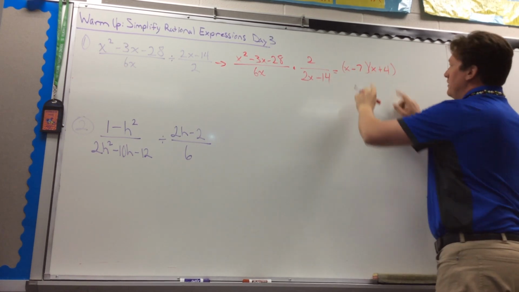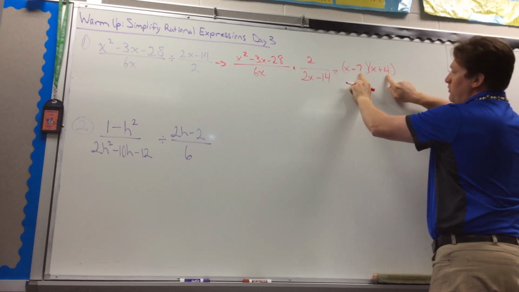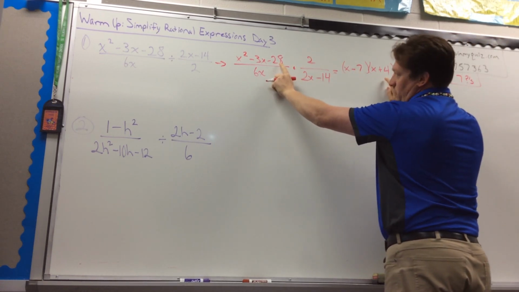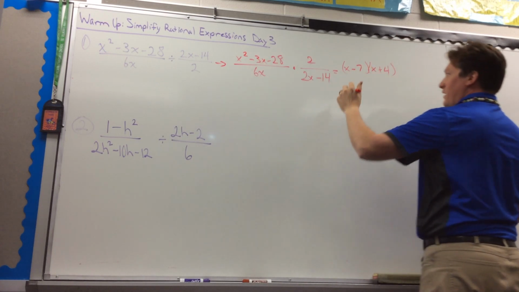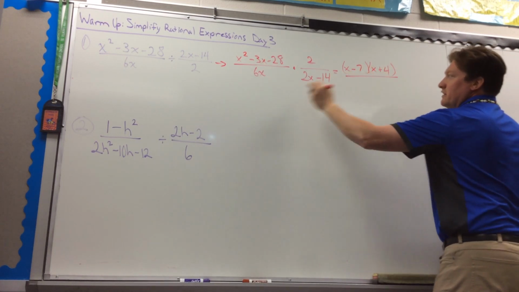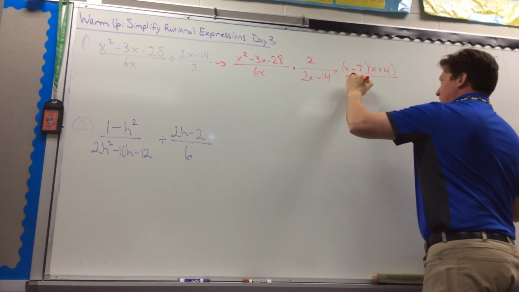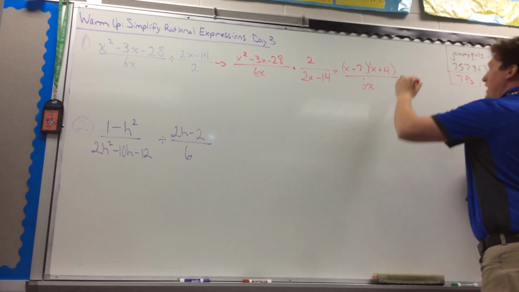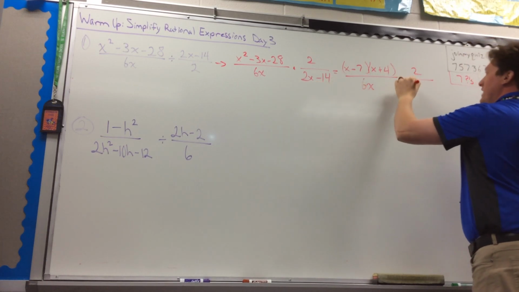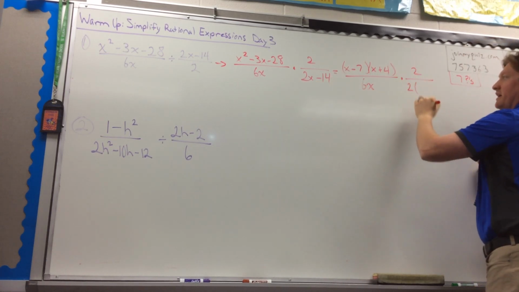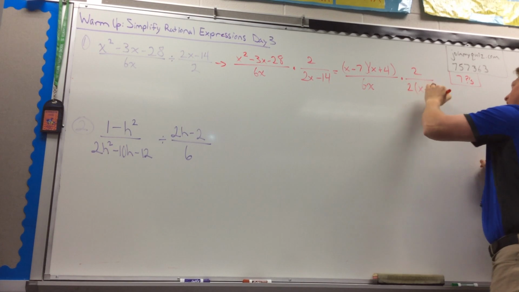I know I've done it right: negative 7, positive 4 multiplied together give me negative 28, and negative 7 plus 4 gives me negative 3. So that's how I find those factors. 6x is 6x. Then I have the other part, 2 on top, and underneath that, I can take a 2 out, and that gets me x minus 7.